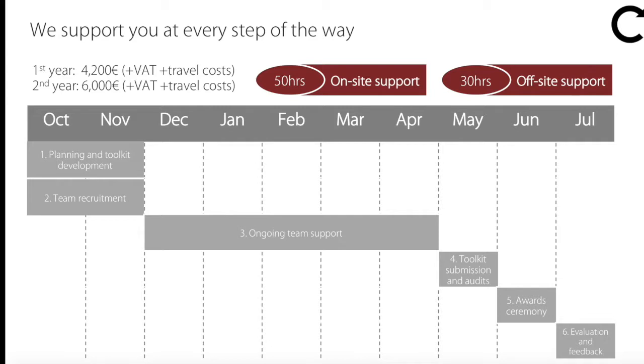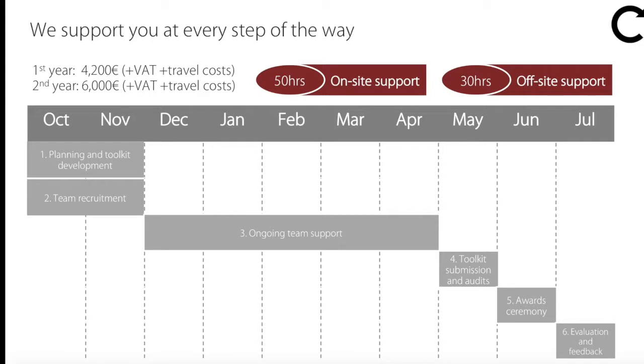Then maybe from December or even January, the teams are going to implement the different actions. So the launch event might be in the beginning of January or the beginning of December, depending on your own project deadlines and project timelines. And then teams have maybe between 4 to 6 months time to implement the different actions in their office areas and university-wide.